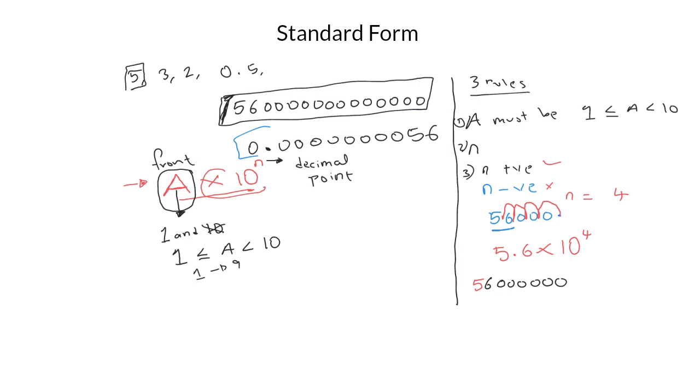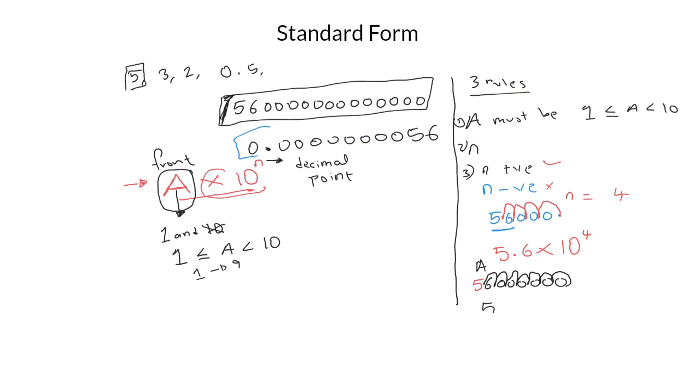So I have to first come back to my front number, which is A, which has to be a number between 1 and 10. So if this number is going to be between 1 and 10, then again, it has to be 5.6. So I'm going to move it 1, 2, 3, 4, 5, 6, and 7.